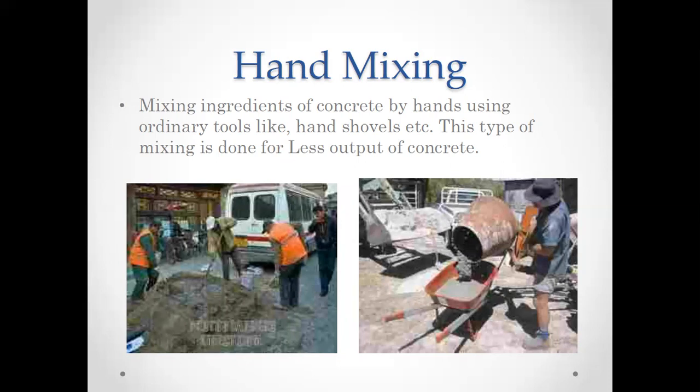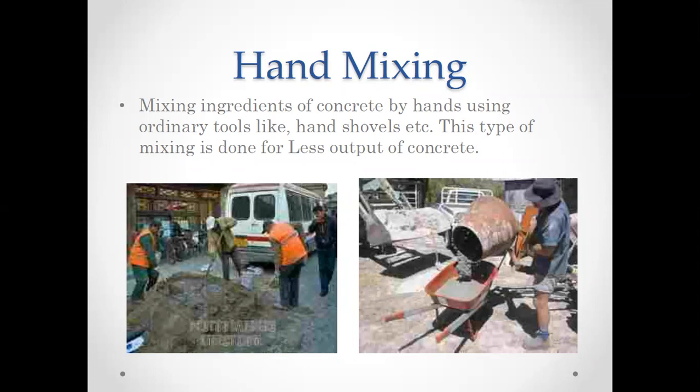This method of mixing is used where we are using cement concrete for small projects, or you can say these projects are not important as compared to when we are using a mixer. So the concreting quantity is not huge for this process. We are using this method when we require a small quantity of concrete. Then we can use hand mixing.